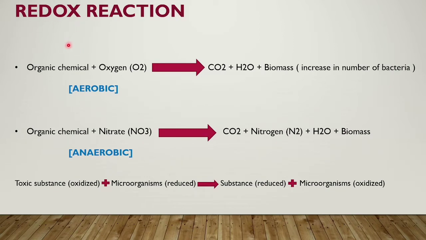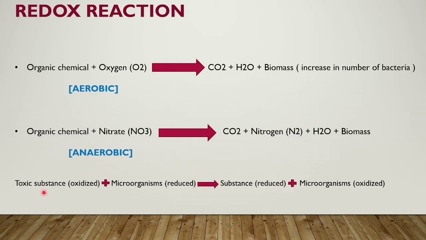The redox is the combination of two processes occurring simultaneously, that is, reduction and oxidation. Consider a toxic substance which is present in its oxidized form and microorganisms in its reduced form.